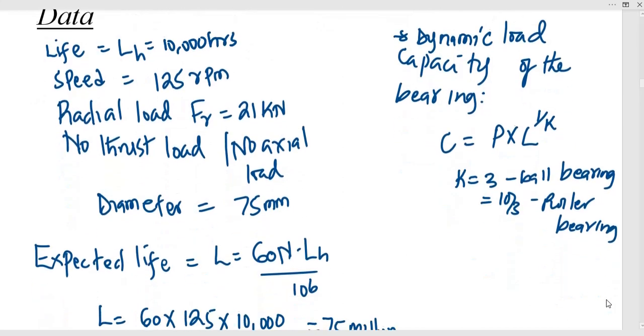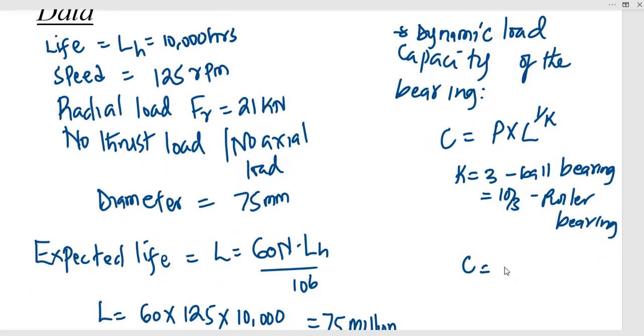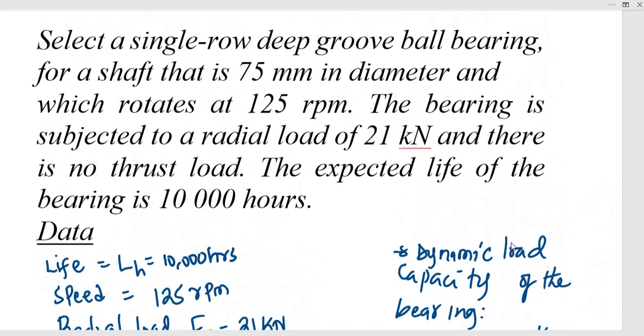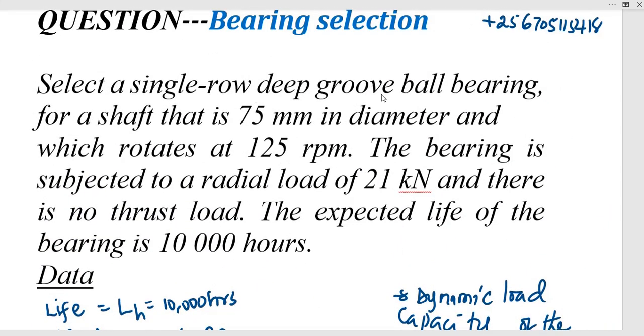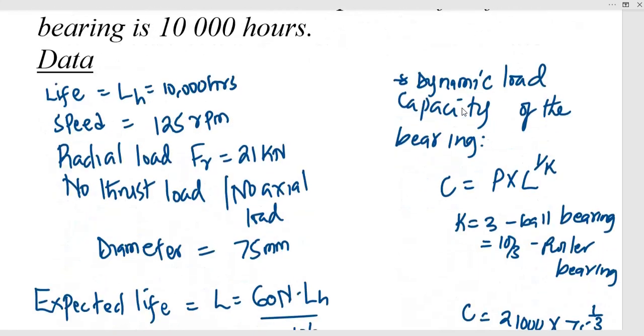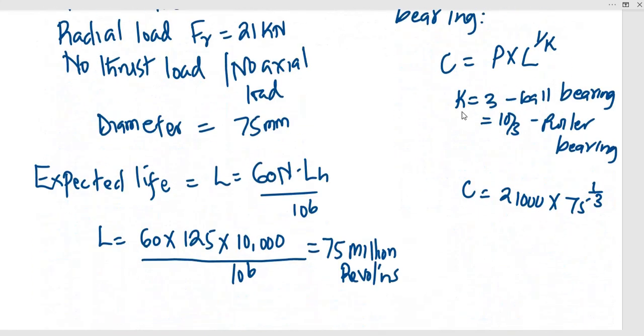We substitute: C is equal to the radial load, 21,000 newtons, times L, which is 75 power 1 out of 3, because it is a ball bearing. It is a single row deep groove ball bearing, so K is equal to 3. So what is C? Get 75 power a third, then times 21,000.